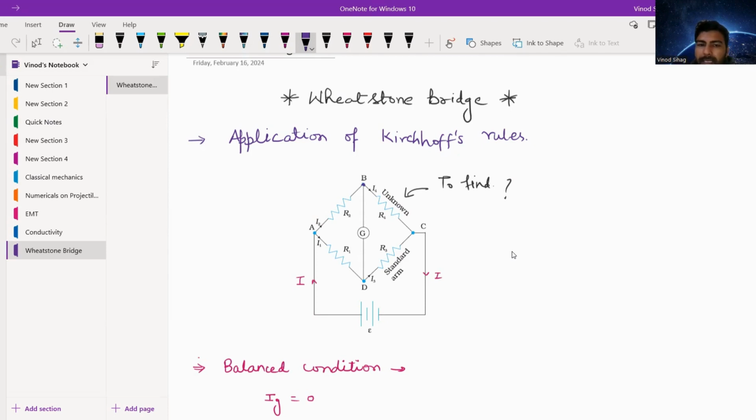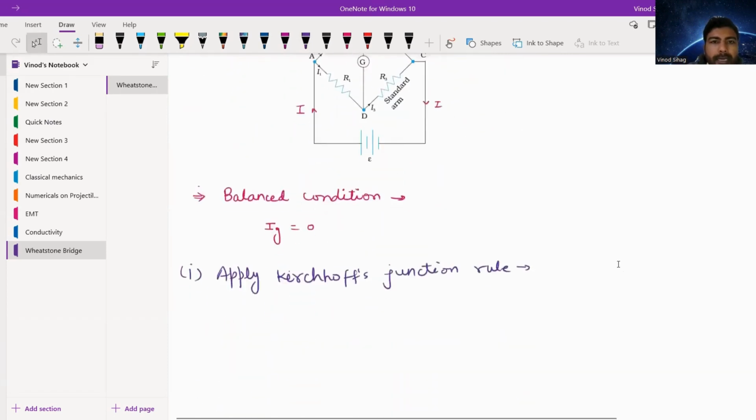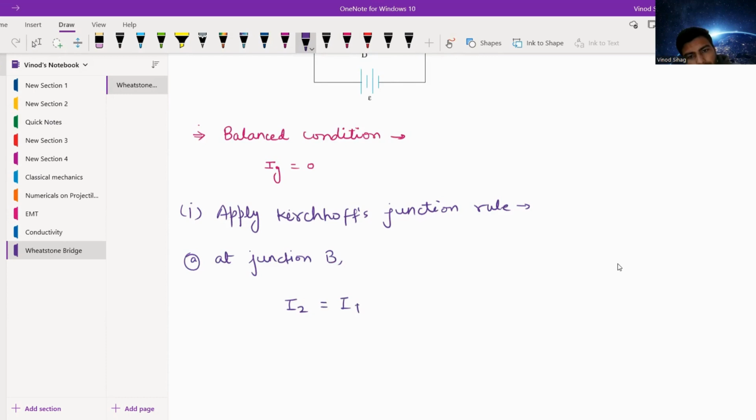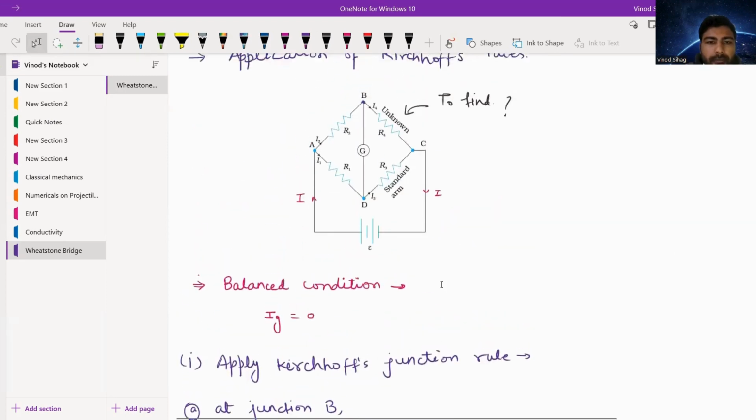But as per the balanced condition, there is no current through the galvanometer arm. So at junction B, we can write I2 equals I4.